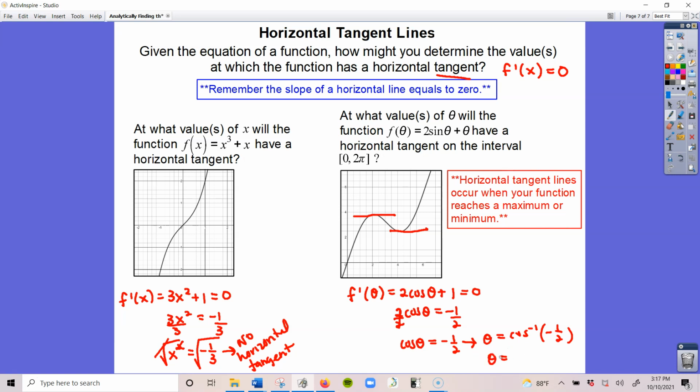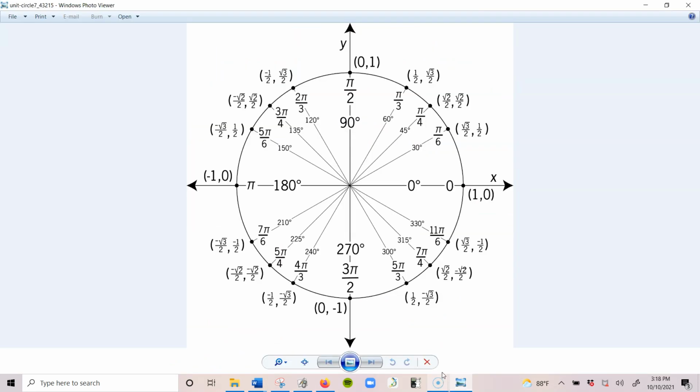So theta, if you look at your unit circle, let me actually pull one up right now. If you look here at the unit circle, what we would do is look for the angle that would give me a cosine of -1/2. So I scan here, cosine remembers the x value. This is the -1/2, and the angle is 2 pi over 3. So this is a solution.